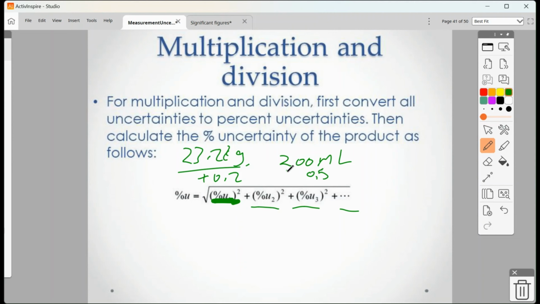So what do I do? First, I have to change this absolute uncertainty into percentage uncertainty. How do we change? We said we divide and multiply by 100. So 0.2 divided by 23.22 multiplied by 100.